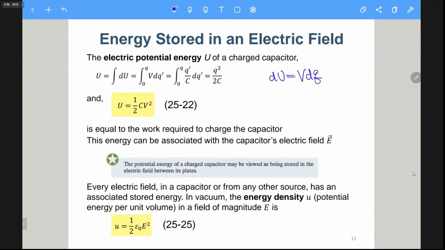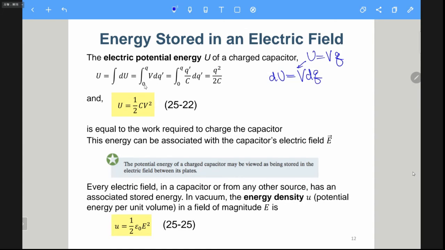In the last chapter, U equals VQ. Here we also consider that each infinitely small charge will contribute some potential energy, and then you integrate them together, because we actually need to consider it that way.